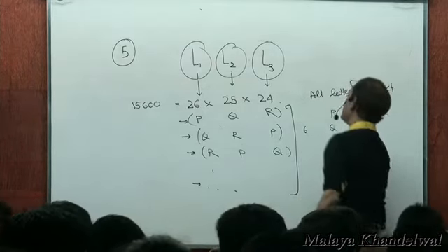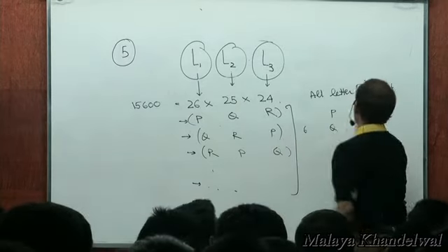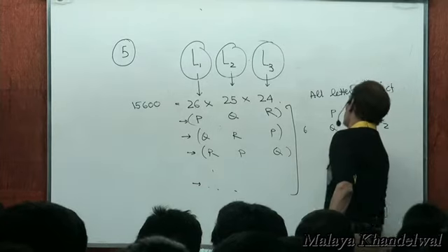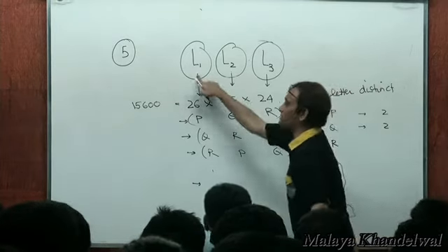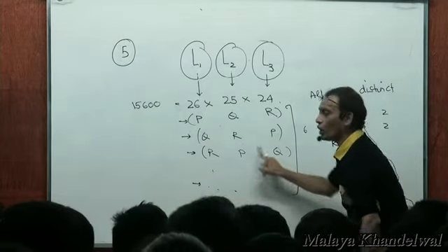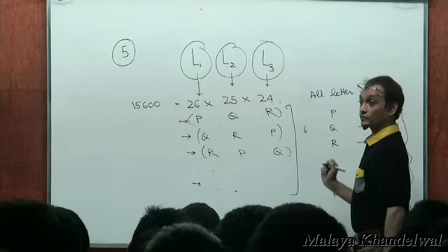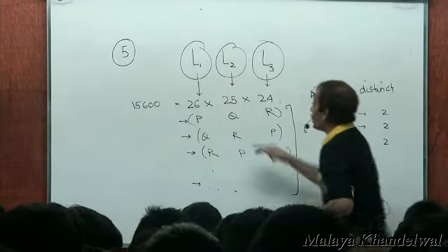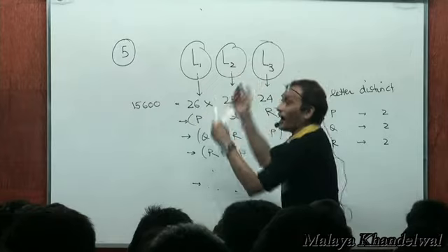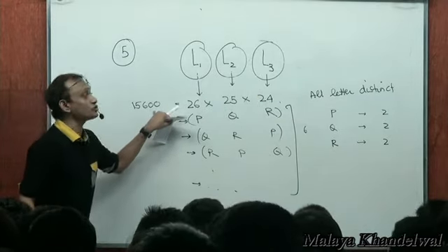You could have had Q in the first place, and then you could fill the remaining 2 spaces in 2 ways. You could have had R in the first place, and you could have filled up the remaining 2 spaces in 2 ways. It could either be PQ or QP. Now, for a set of letters PQR, what is the count that they have contributed to 15,600?